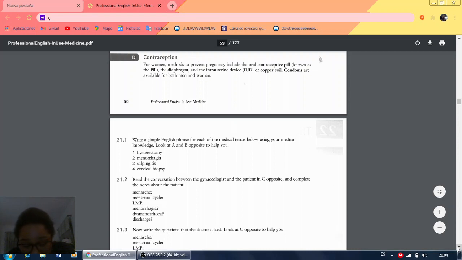Listen to the conversation with the gynecologist and the patient, and see positive, and complete the note about the patient. Menarche, 12 years. Menstrual rate, 45, 28. LMP, 1 and 52 August.